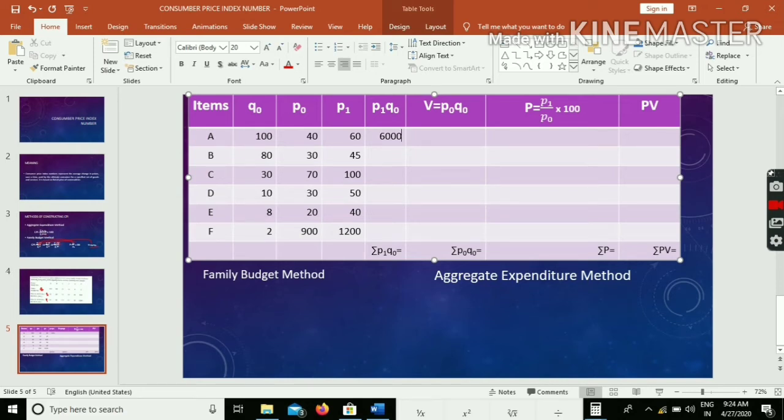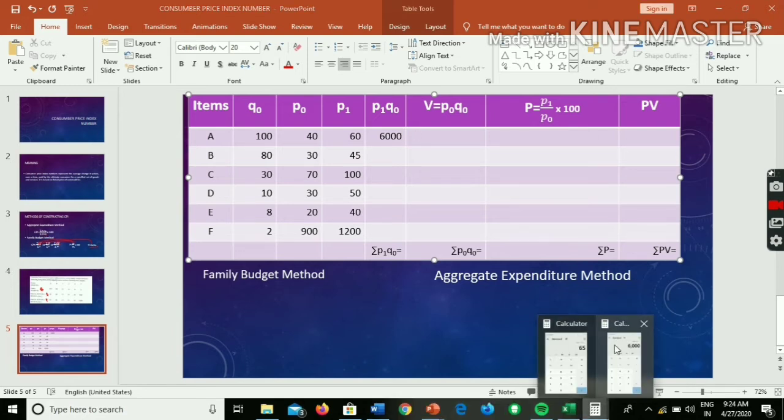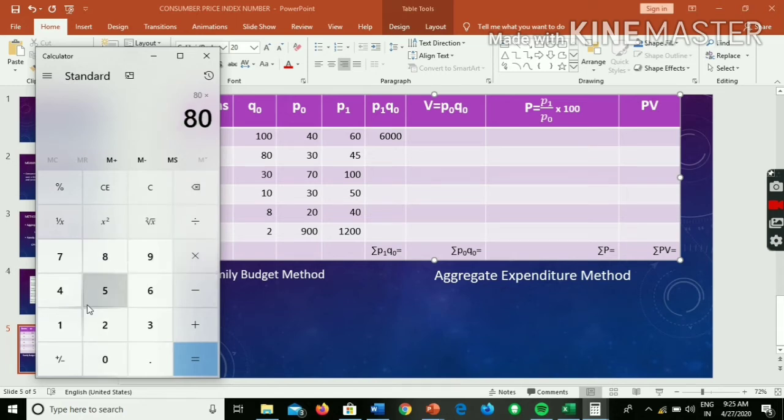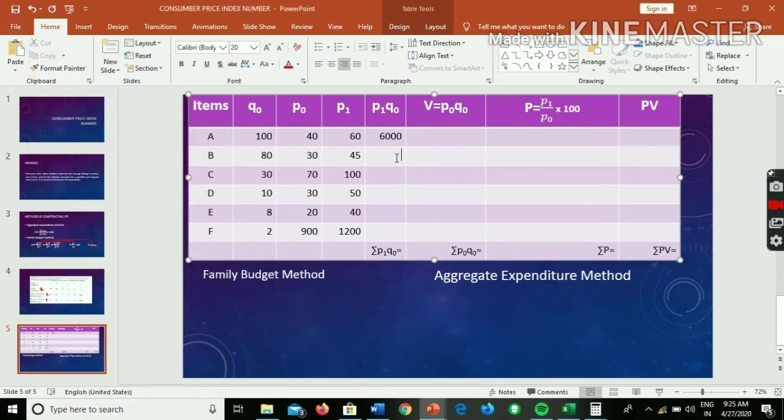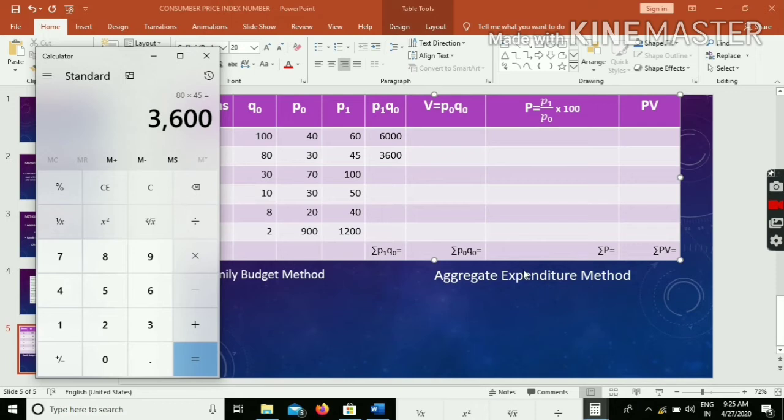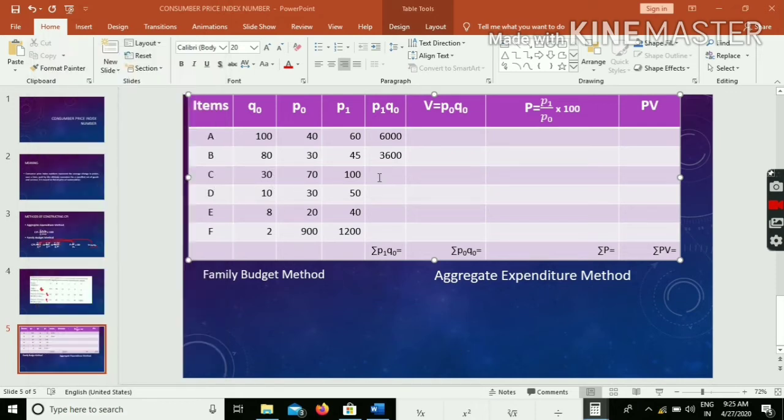Next 80 into 45 gives 3600. Next 30 into 100 is 3000. Next 10 into 50 is 500. 8 into 40 is 320. 2 into 1200 is 2400.